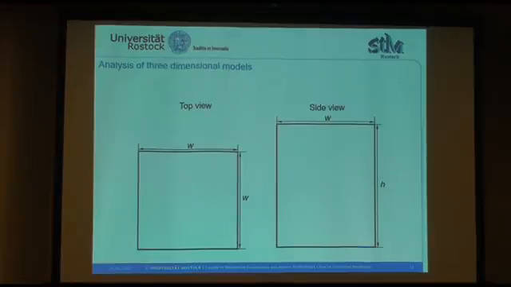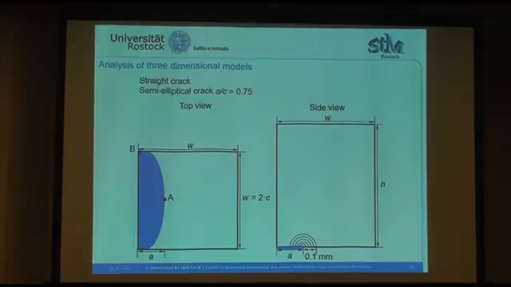After plane simulations, three-dimensional models were analyzed. The first one was a cuboid with a straight through crack next to some kind of semi-elliptical crack with an a to c ratio of 0.75.